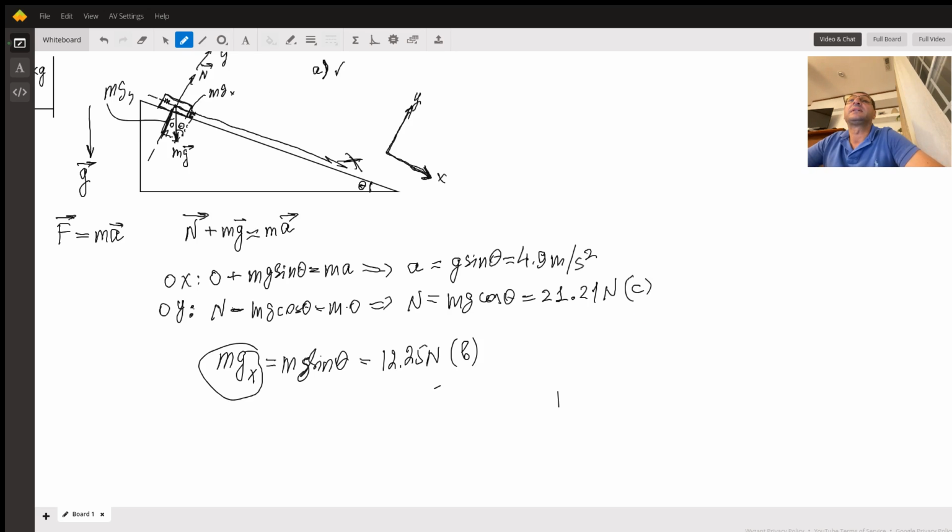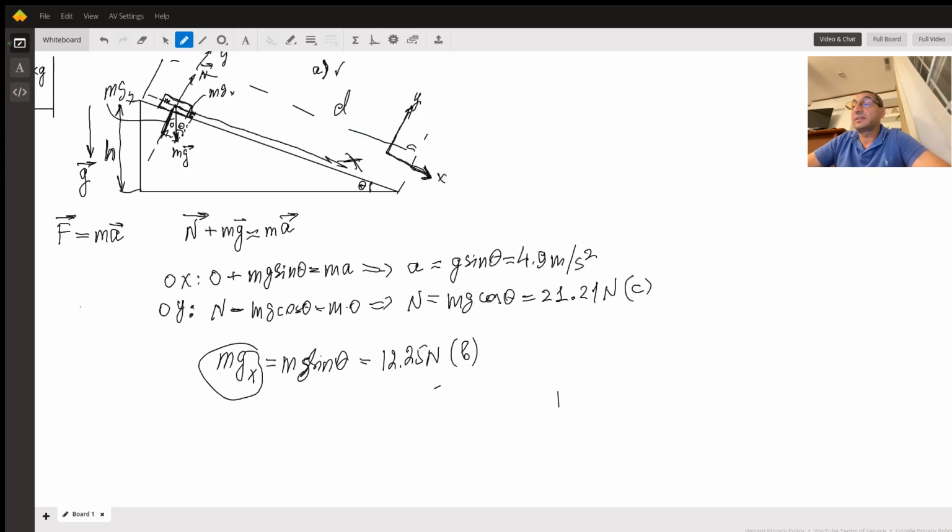And lastly, we have to answer question E: what will be its speed at the bottom? It's easy. We can use a couple of different ways, but the easiest is conservation of mechanical energy. Let's say this height is h, and this whole distance is given as d.